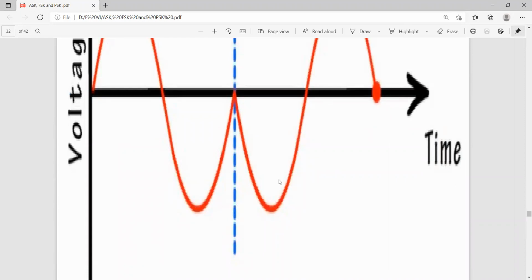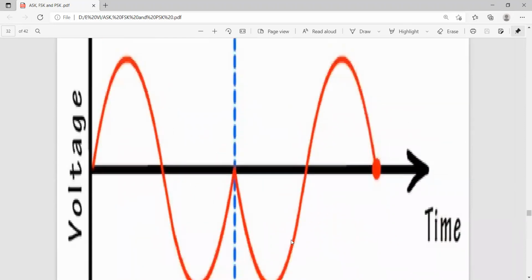In the waveform which is appearing like this, it is a 180 degrees phase shift. So instead of moving in the positive direction, it is exactly shifted to the negative.